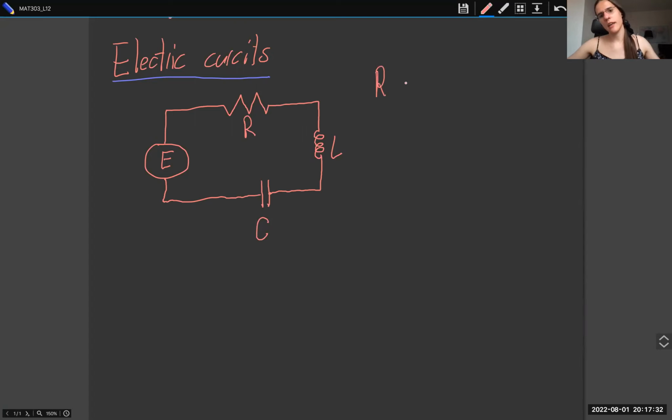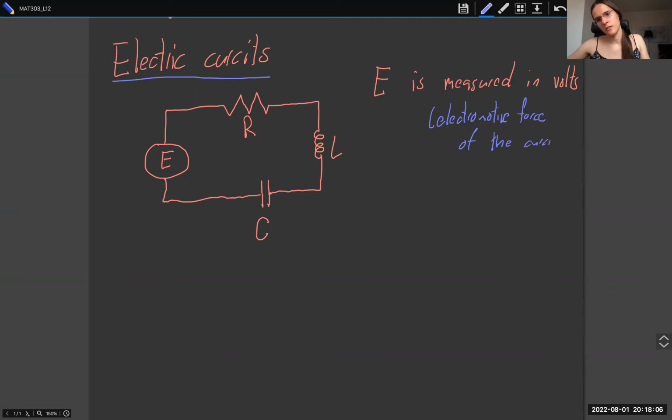So E is measured in volts, and this is known as the electromotive force of the circuit. R is measured in ohms.